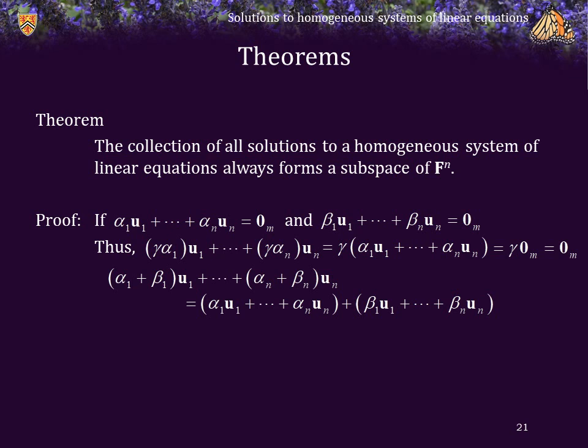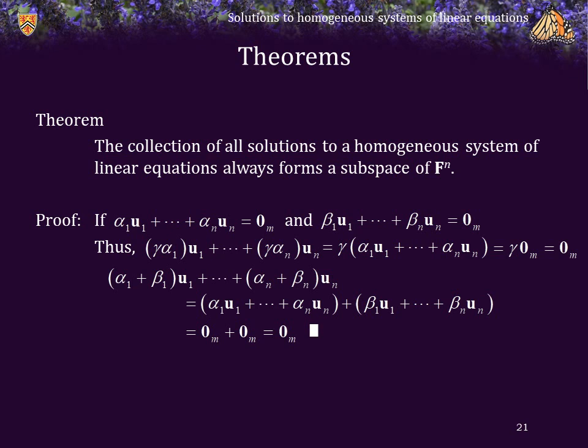But each of these linear combinations is already a solution to the homogeneous system, so both of those are equal to 0, and 0 plus 0 is equal to the zero vector, and therefore the sum of any two vectors that are solutions to a homogeneous system of linear equations is also a solution to that homogeneous system of linear equations.